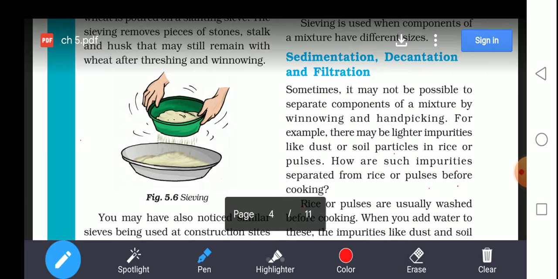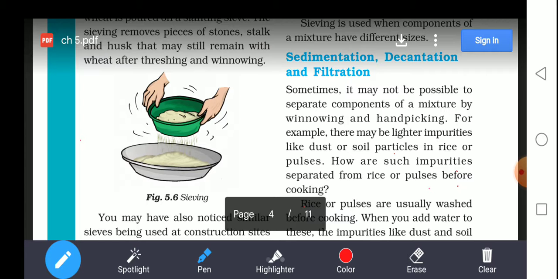Next one is sieving. Sieving is one of the processes where the substance we separate is of much smaller size than the substance we are removing from a mixture, unlike threshing and hand picking. The next one is sedimentation, decantation, and filtration.